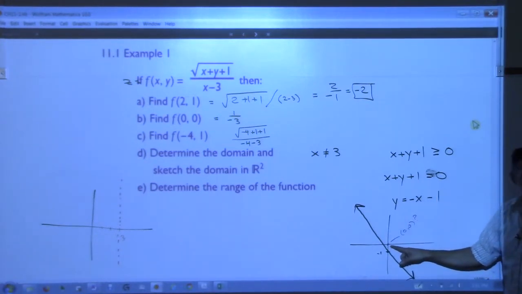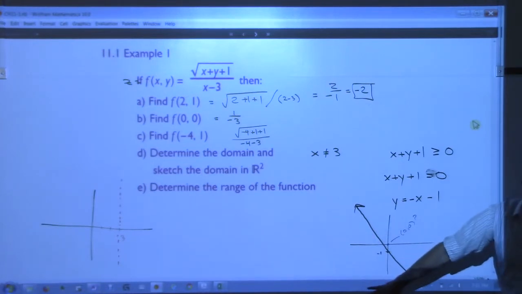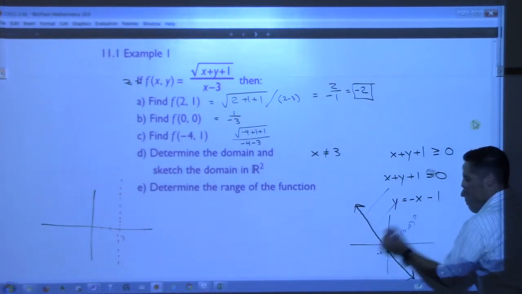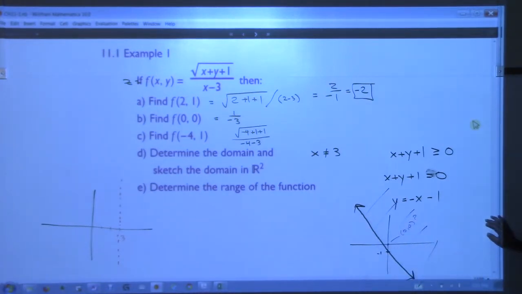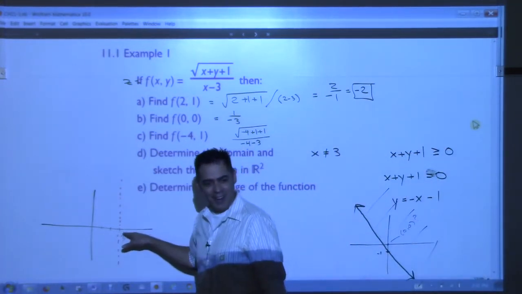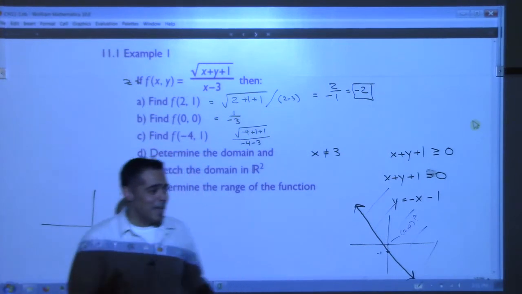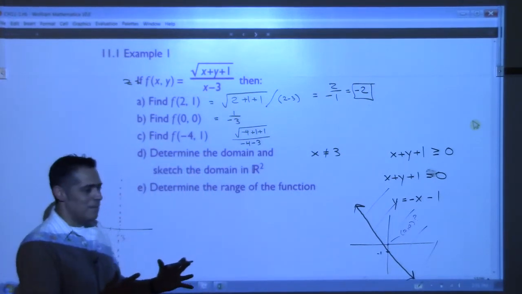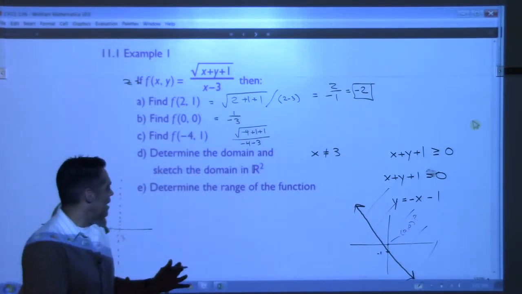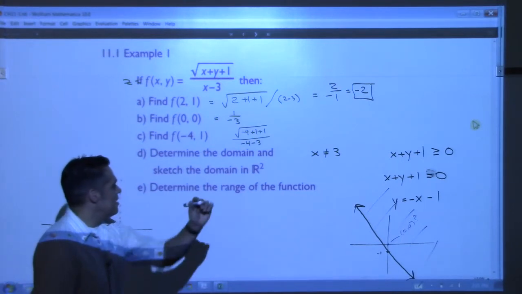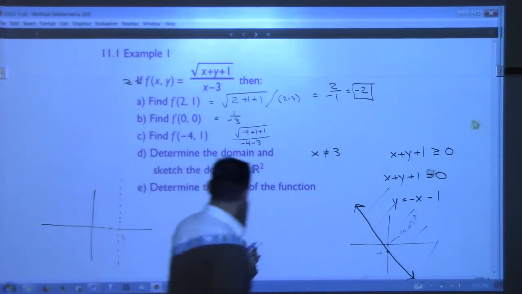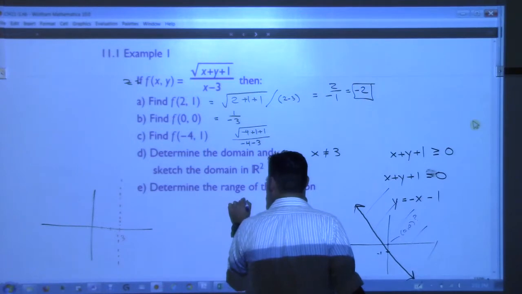What if that point didn't work? Then it's everything on the other side of the line. So I know it's everything over here, right? Except for this, right? So we have to combine the two together into some sort of final answer. So we would say something like, or if we drew it, I want you to be able to draw it.